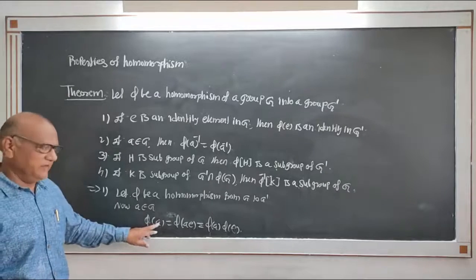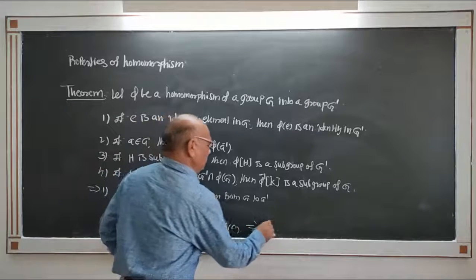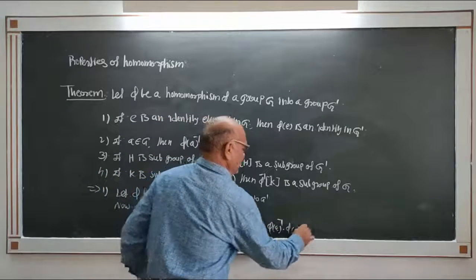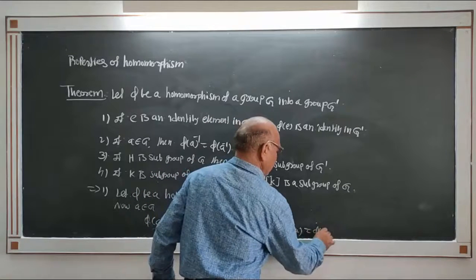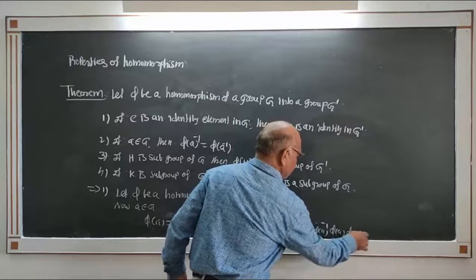We multiply both sides by phi of a inverse: phi of a inverse into phi of a is equal to phi of a inverse into phi of a into phi of e.